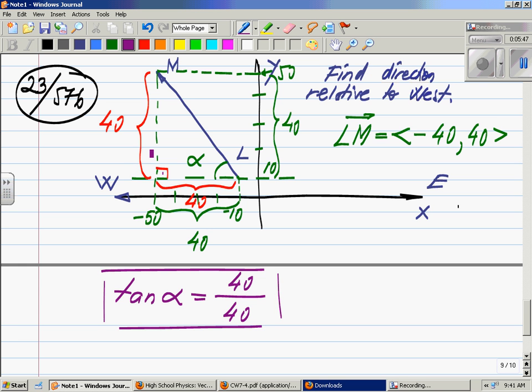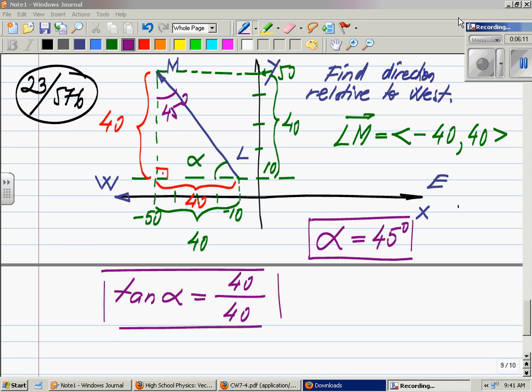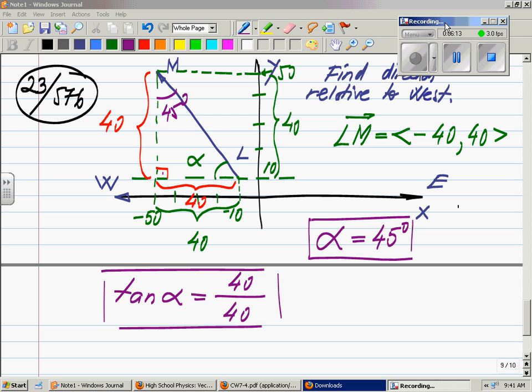What triangle is this one? This is a special right triangle. Kylie? 45, 45. So how big is alpha? Alpha is 45 degrees, because this triangle is a 45, 45 triangle, right? And we're done. Its direction relative to west is 45 degrees.